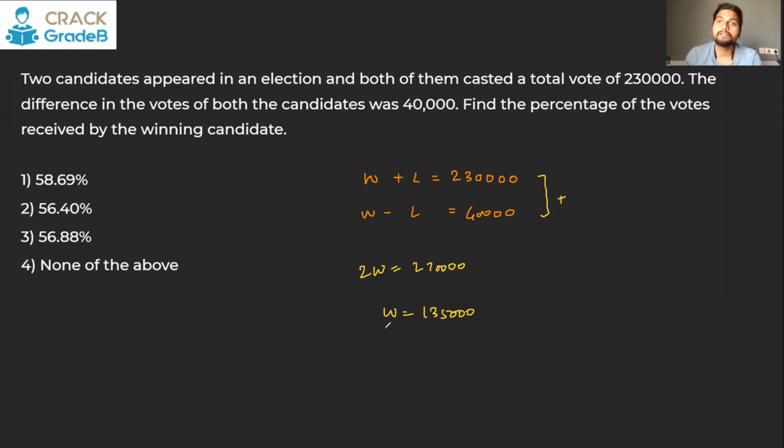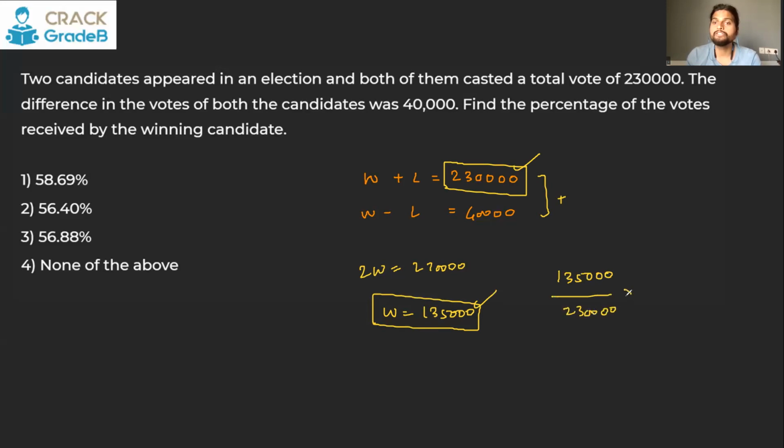You are asked what is the percentage of votes received by the winning candidate. That means the number of votes received by the winner is what percent of total votes. So this number is what percent of this. You know how to calculate? 1,35,000 upon 2,30,000 into 100.